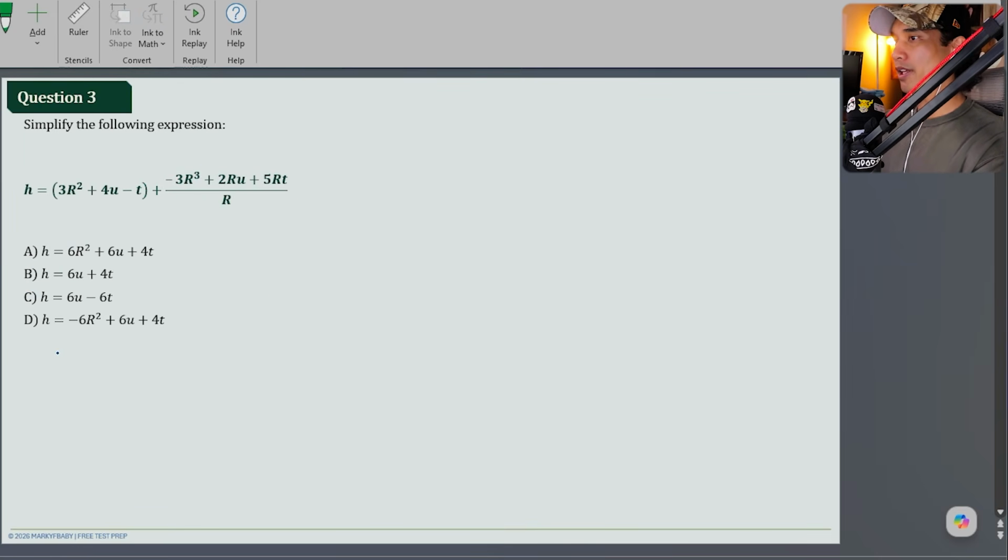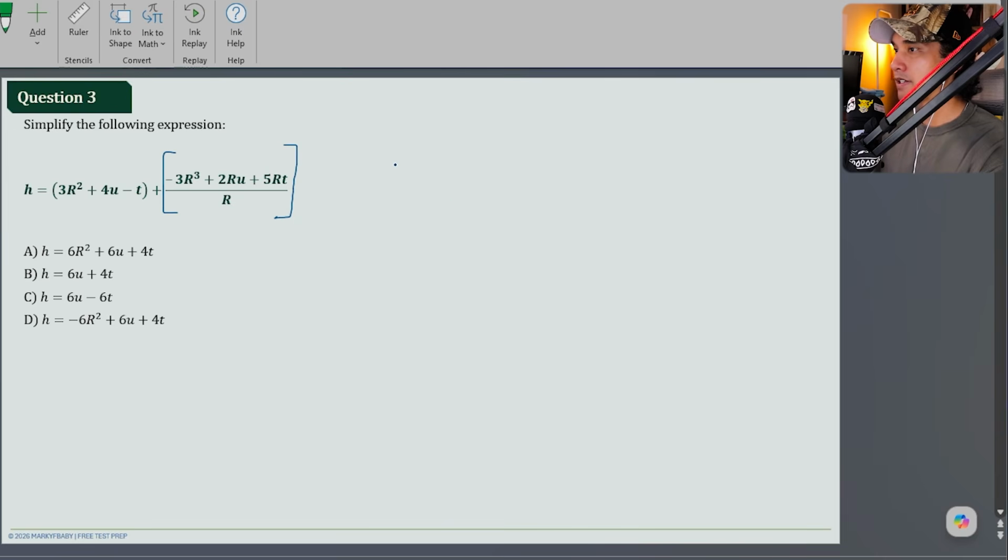Simplify the following expression. H equals 3r squared plus 4u minus t. This is in parentheses. Plus negative 3r cubed plus 2ru plus 5rt, everything over r. Okay? The first thing I would do when looking at this expression is I'm going to look at this right here.